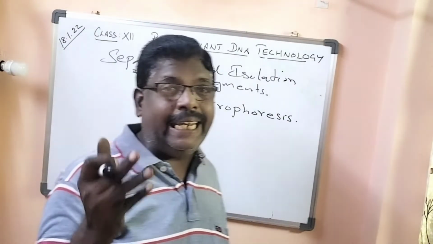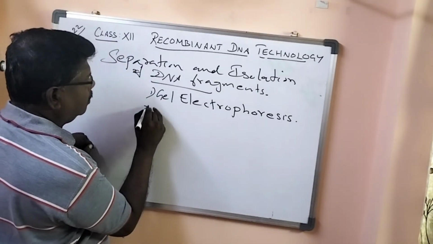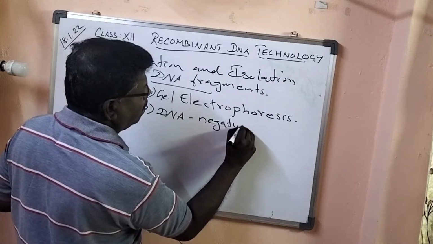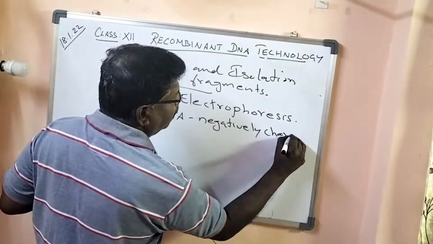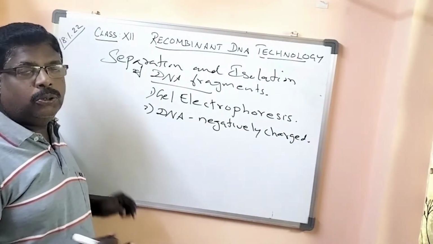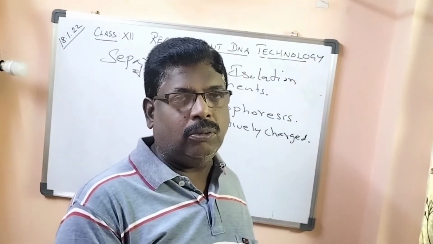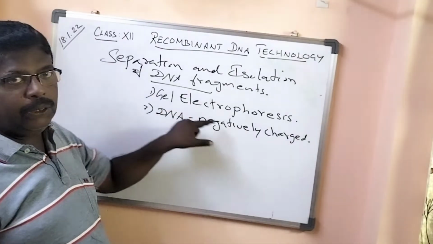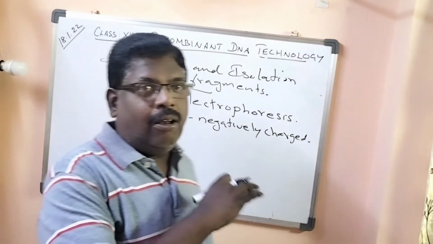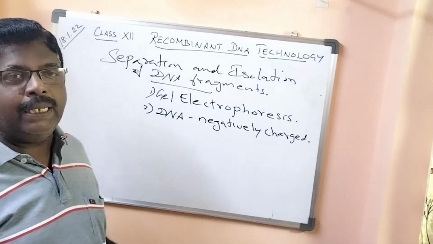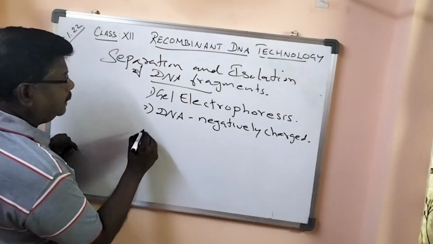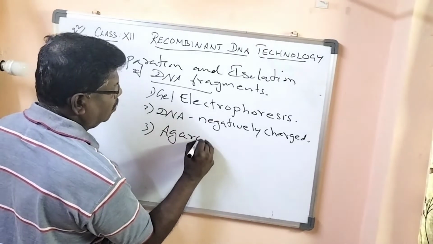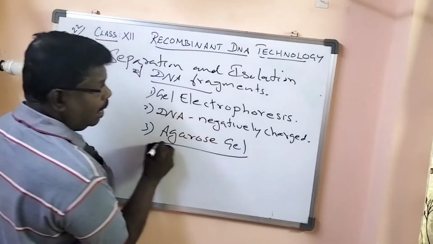DNA is negatively charged, so it has to move towards the anode. So we need a device called gel electrophoresis, on which a medium is applied. The medium or matrix is agarose gel.